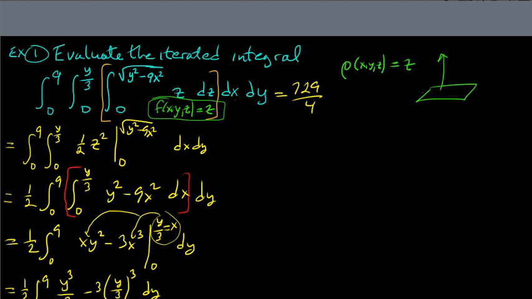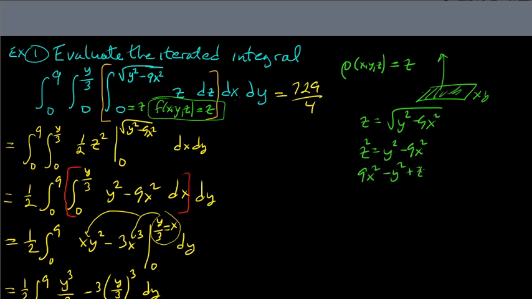So in this case, the function we're integrating here is just z. And we're not going below the xy plane here. z equals 0 is the lowest boundary, that's the xy plane. And then what is z equals the square root of y squared minus 9x squared? Again, that should not be hard to figure out. It's 9x squared minus y squared plus z squared equals 0.